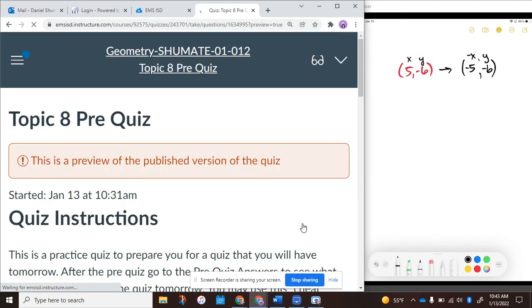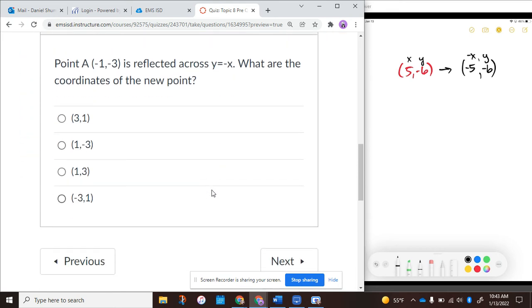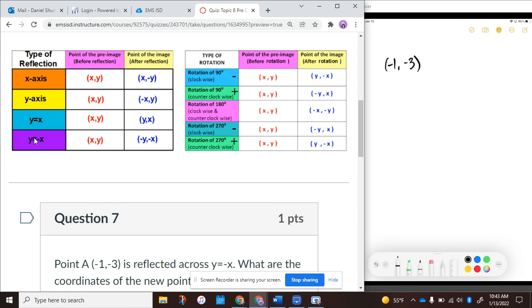Question number 7. We've got another reflection question. This time it's across one of those diagonal lines, y equals negative x. So we start off, we have an original point at -1, -3, and this chart right here tells us that if we're reflecting across this line, y equals negative x, that's one of our diagonal lines, we're going to take our original x and y, and we're going to trade places of those numbers.